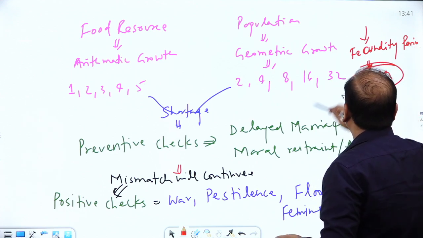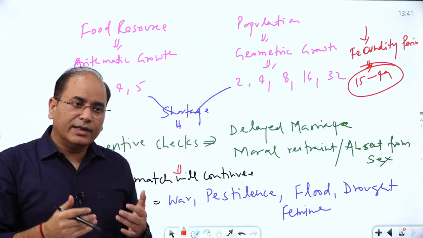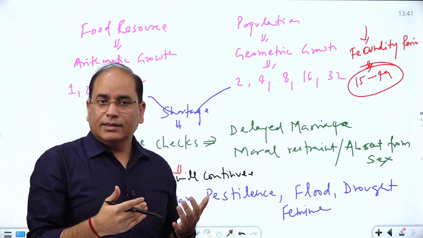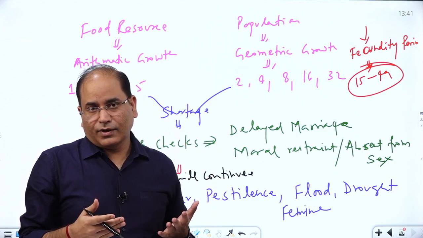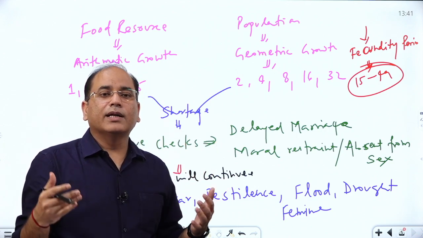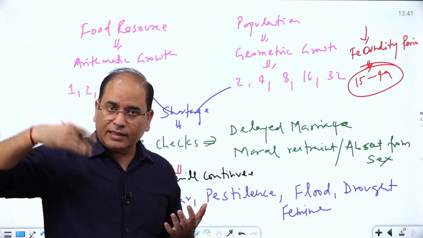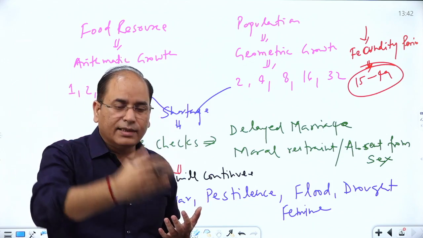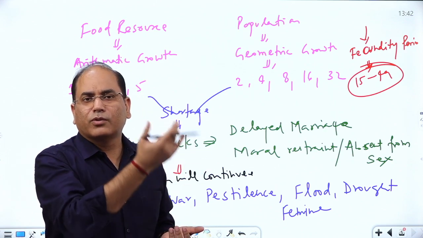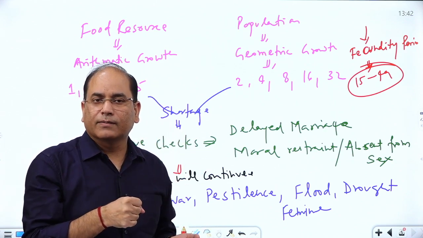But within this 15 to 49, fertility is very high in the lower age group, 15 to 25. And if females get married after the age of 25, their fertility has already gone down by almost more than 50%. So obviously there will be a check on the population.